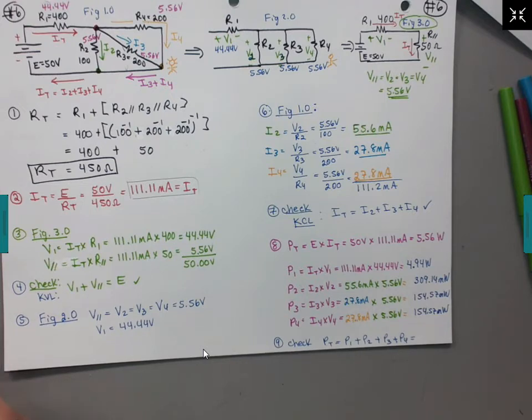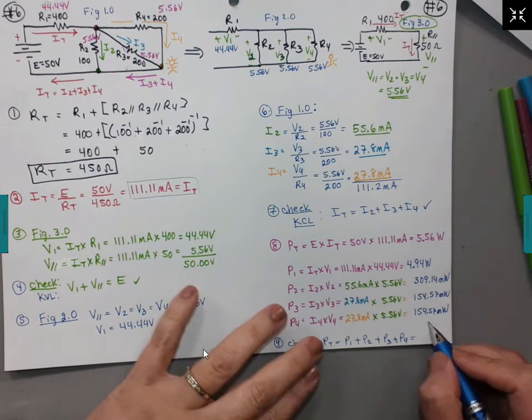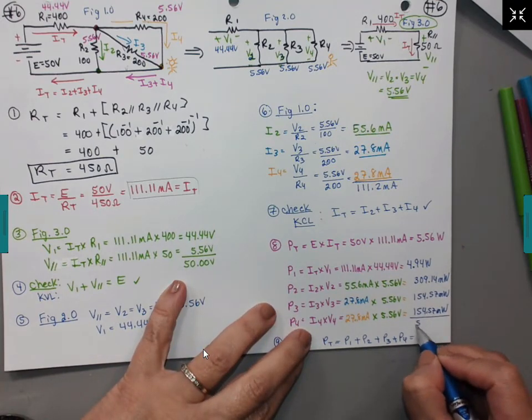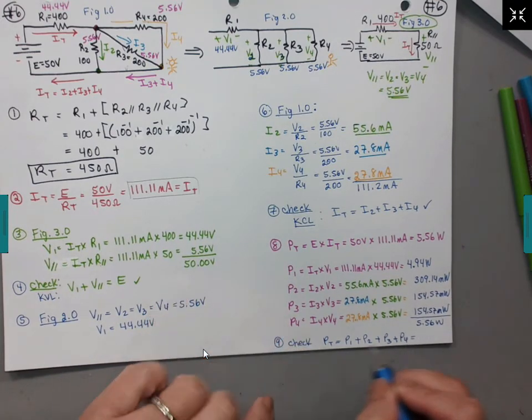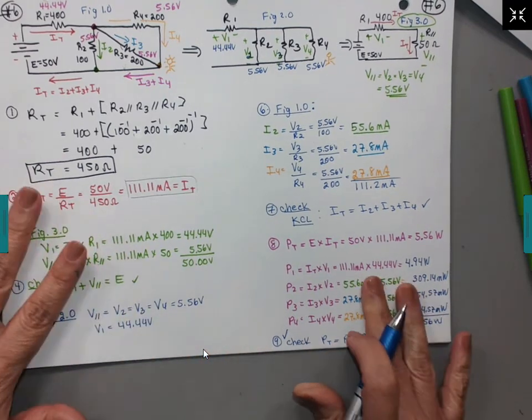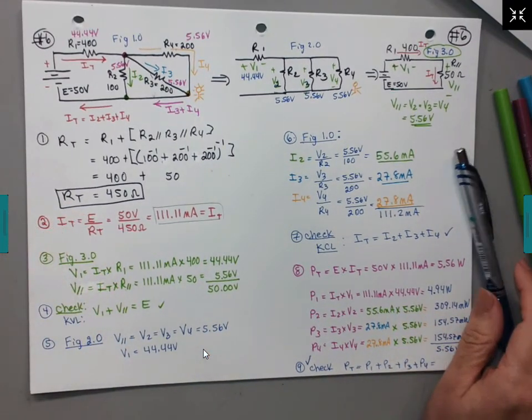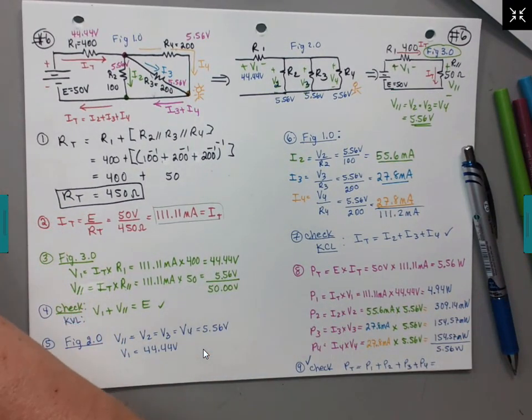Let's see, 154.57 milli times 2 plus 309 milli plus 4.94. Voila, 5.56. Look at that. So it does check. So, what time is it? 2:30. Good time. So we're going to stop.